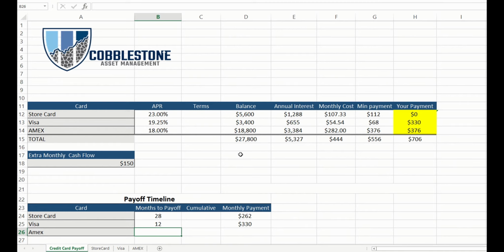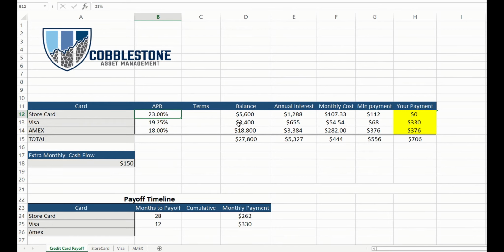Now we get to the largest balance in our example, and I want to emphasize we did not pay off the smallest balance first. We did not target the largest balance. We're sorting it based on APR. That's so key because we see a number of different strategies of how to get debt paid down to zero. The only way mathematically to get it paid to zero the fastest is going to be putting extra money towards the highest APR.